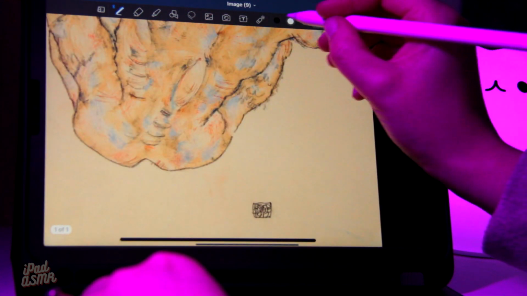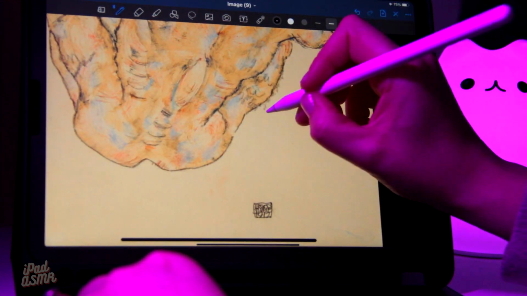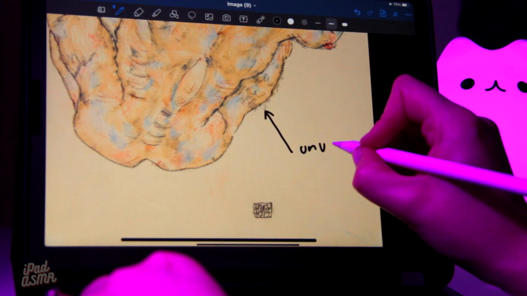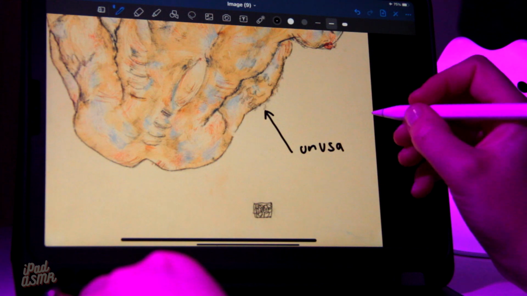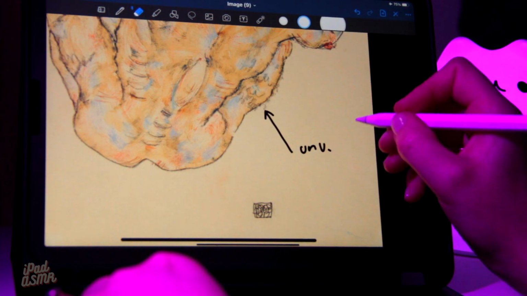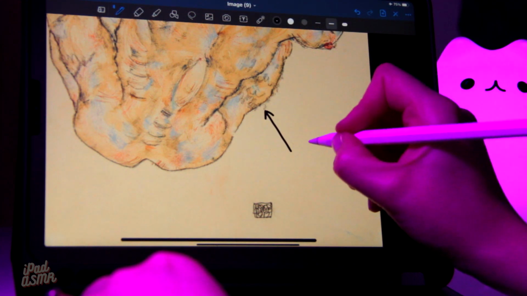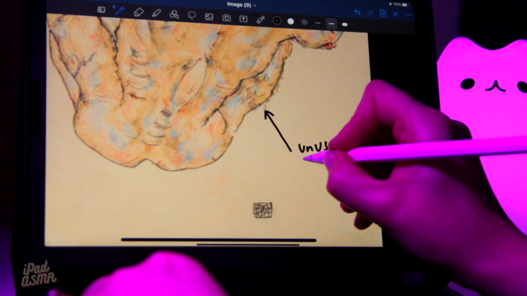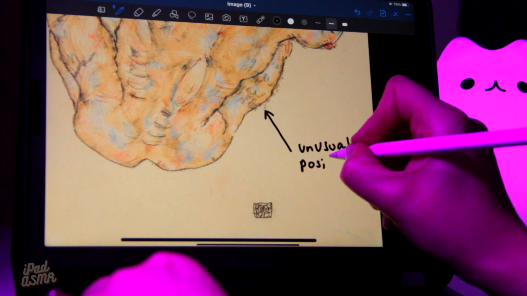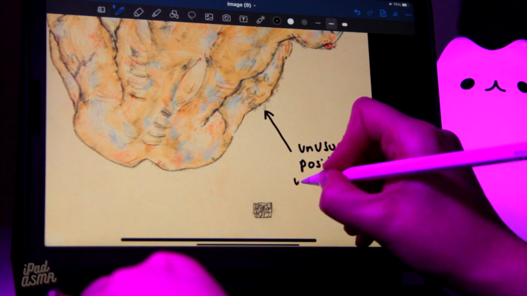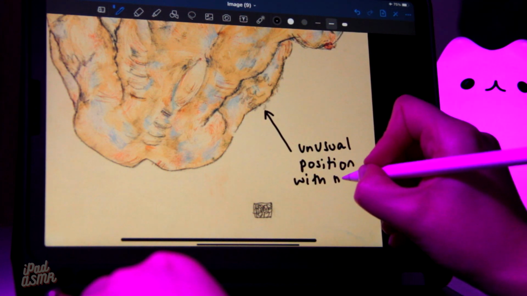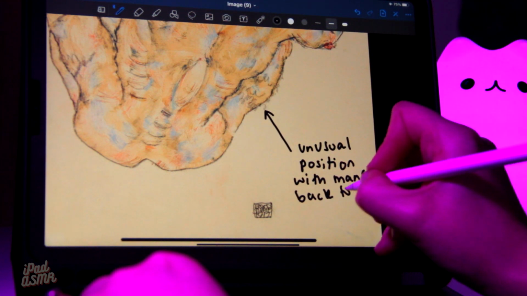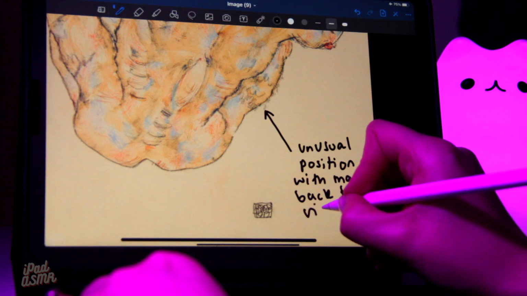So this was an unusual position with the man's back to the viewer.